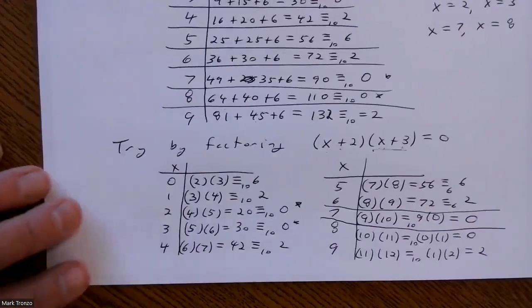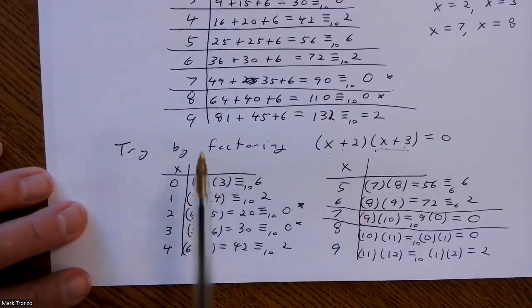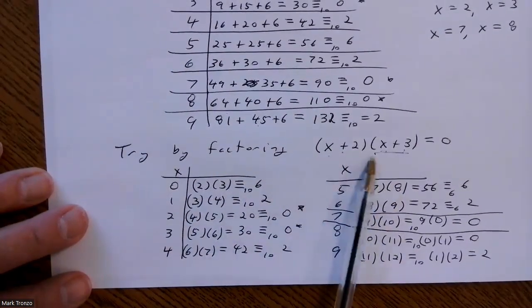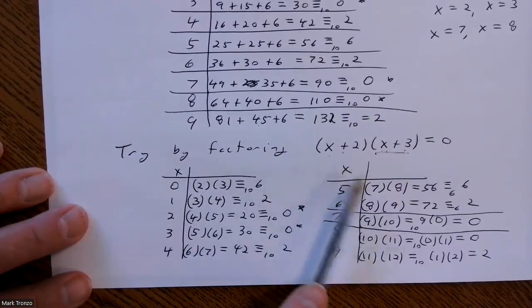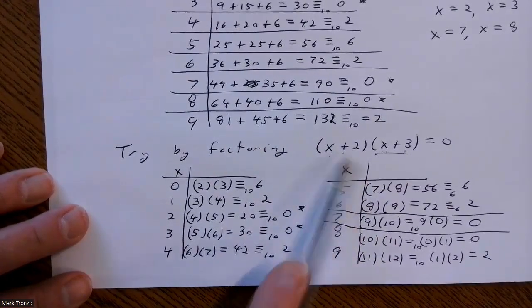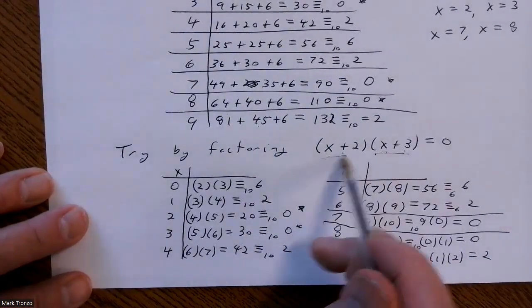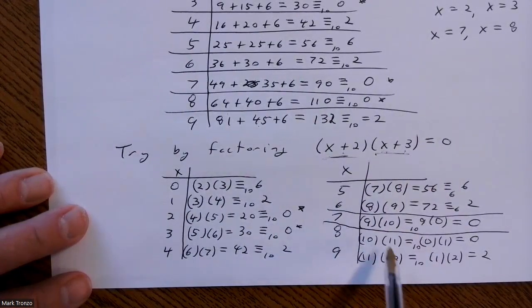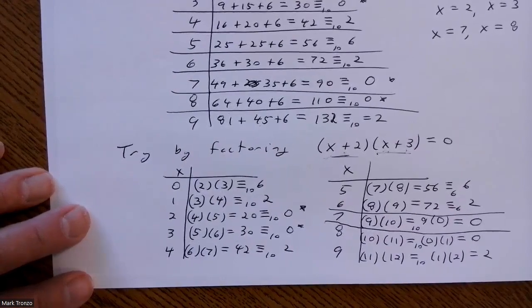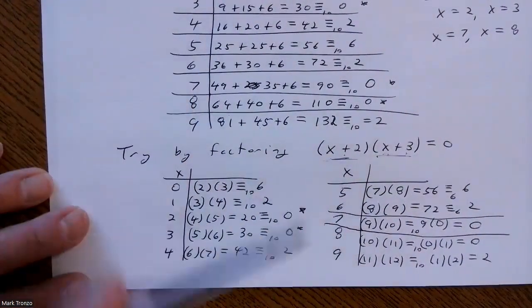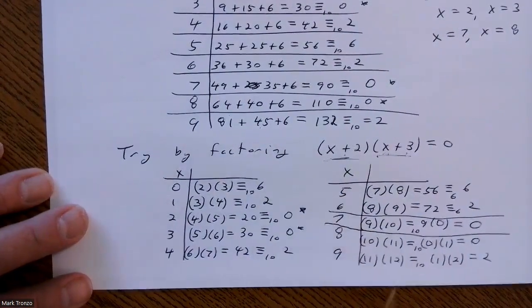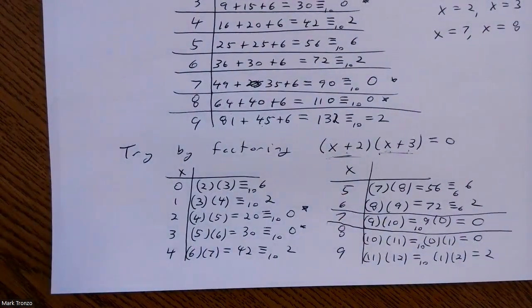I guess the point is, if we factor, we could simplify things quite a bit, because anytime anything over here becomes greater than 10, we can apply the mod and reduce it right away. It kind of simplifies our arithmetic. But the point is, you can do these problems either way. If you're able to factor them, you can go ahead and factor them and do them this way.